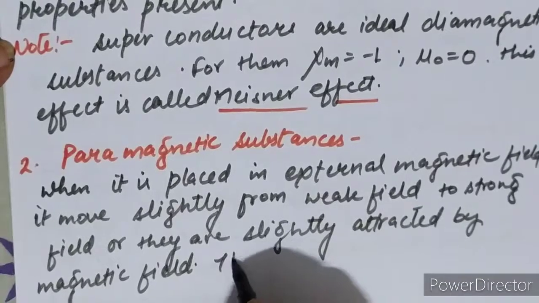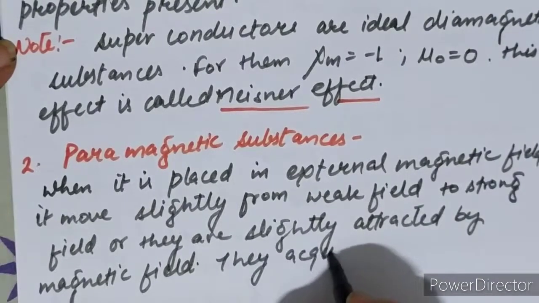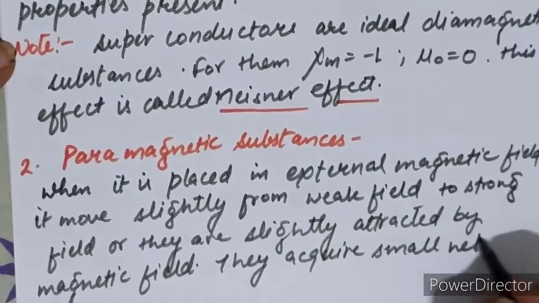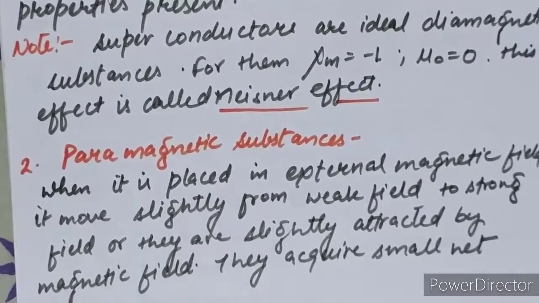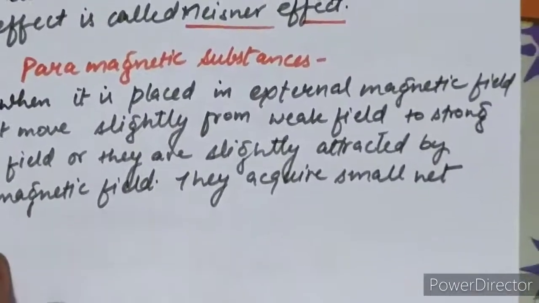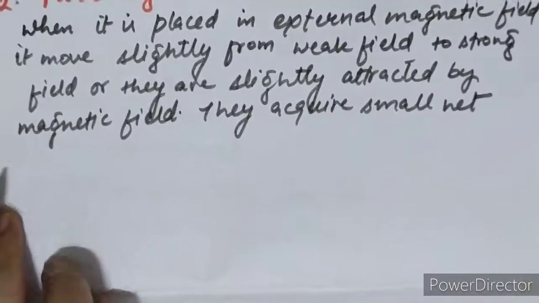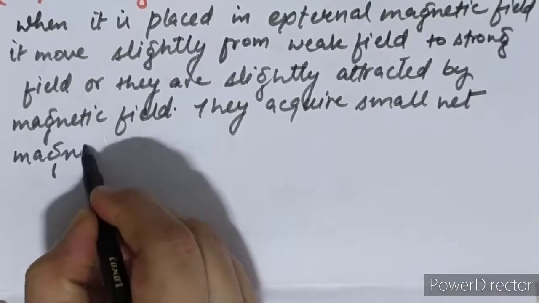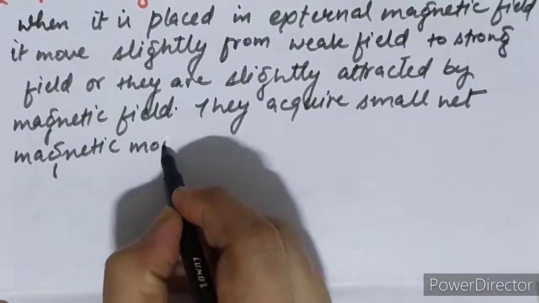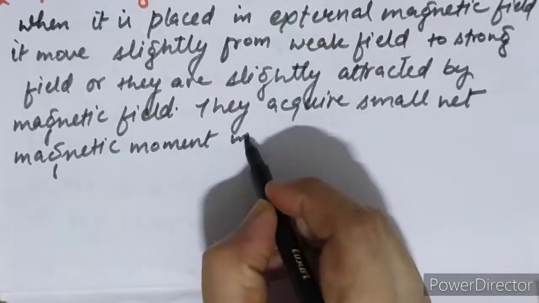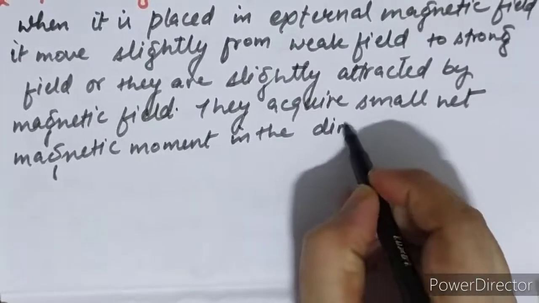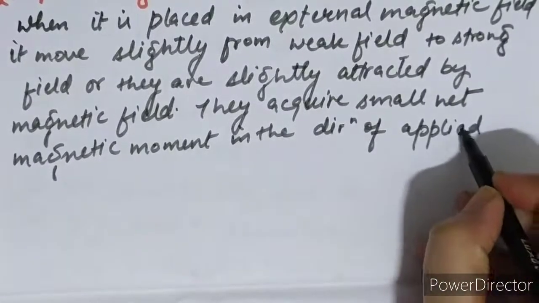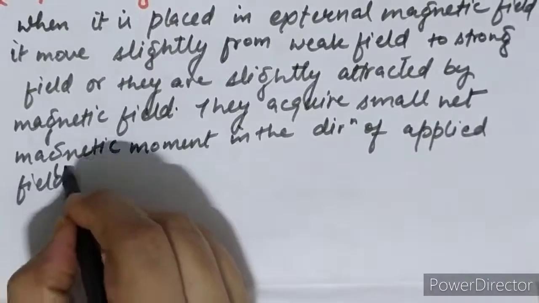They acquire a small net magnetic moment in the direction of the applied field.